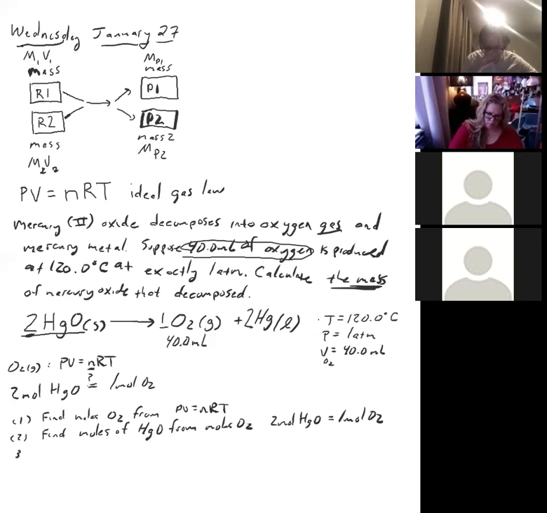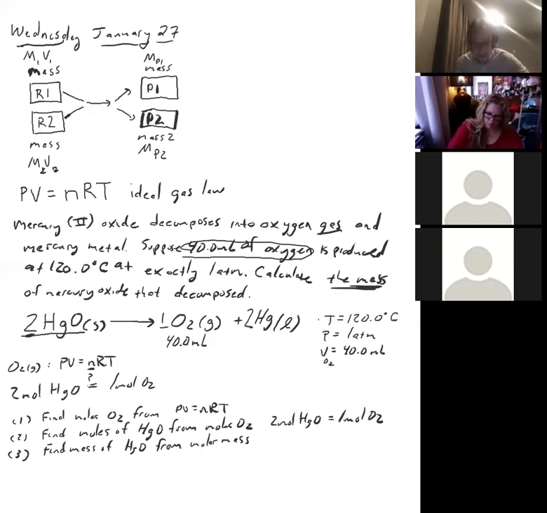So step 3, we find the mass of HgO from its molar mass, right? If you know the number of moles of a substance and you know its chemical formula, you can use the molar mass to find the mass. Okay, that's what we learned in chapter 3. So there we go, 3 steps. It looks like it should work out okay.